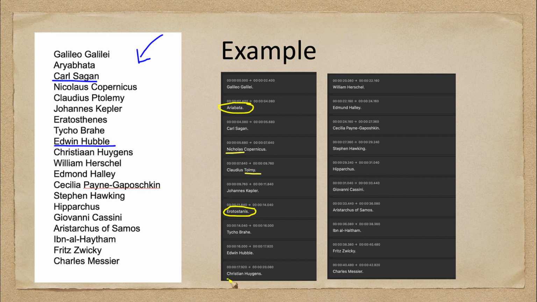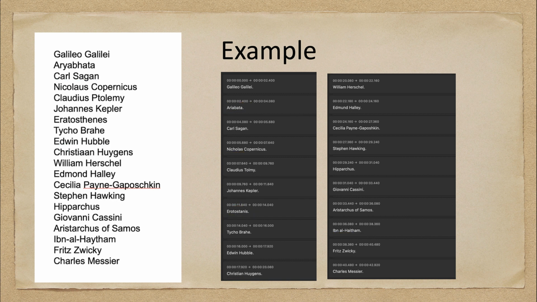Christian Huygens is missing one of the A's. We also had Edmund Halley, which was spelled differently. So there's a few that it didn't do quite as well. It also got one of the Arab astronomers, Ibn al-Haytham, and the only thing it missed was it switched what should have been an A to an I. So overall, really accurate, especially for getting some names that could be rather unusual and difficult to record.